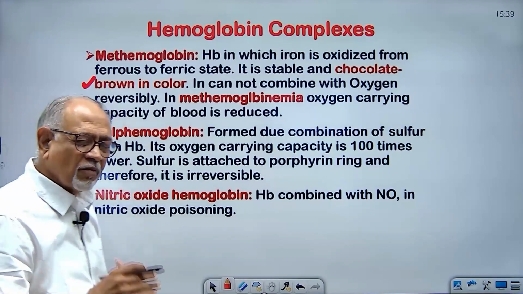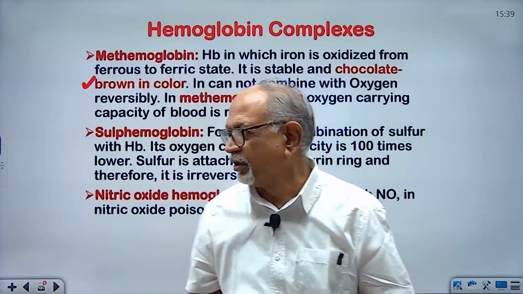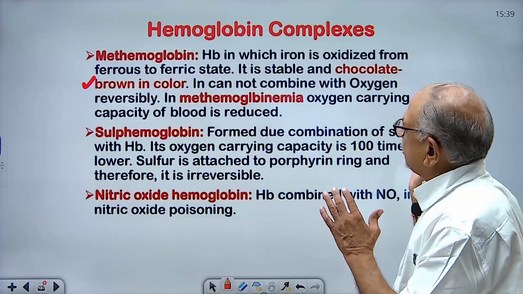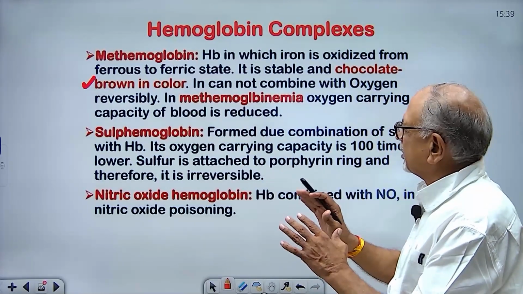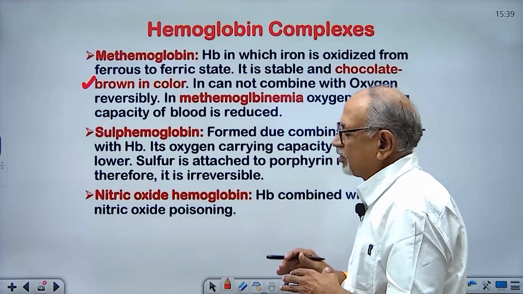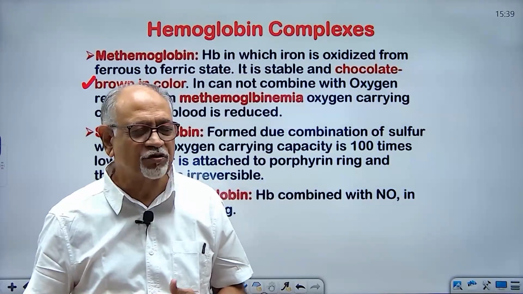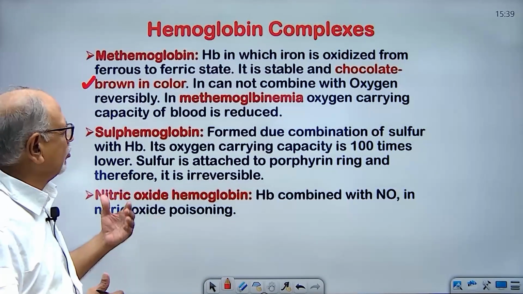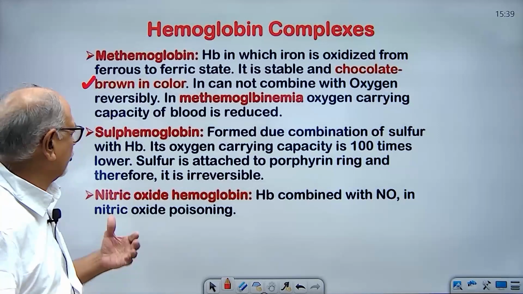It cannot combine with oxygen because it is an irreversible reaction. With methemoglobin, the oxygen carrying capacity of blood is reduced because that hemoglobin is not available for making oxyhemoglobin.